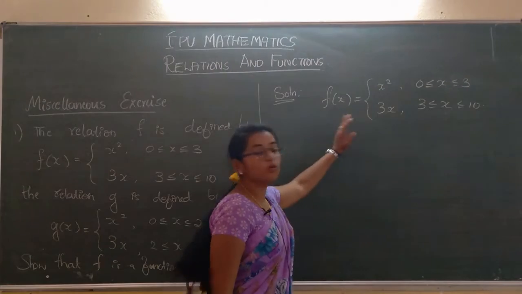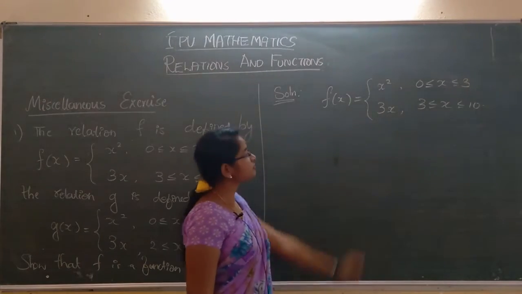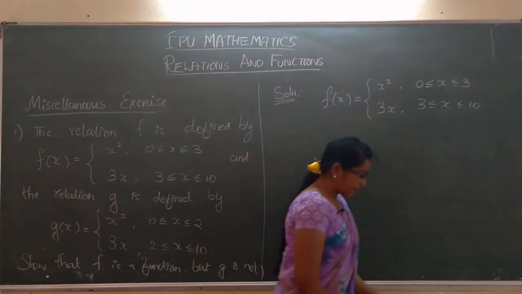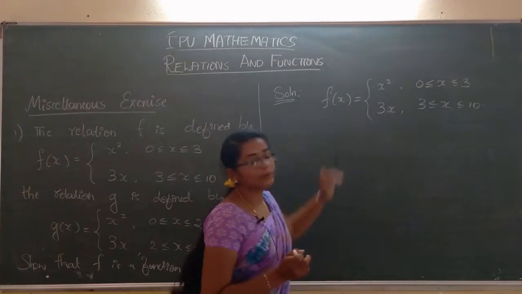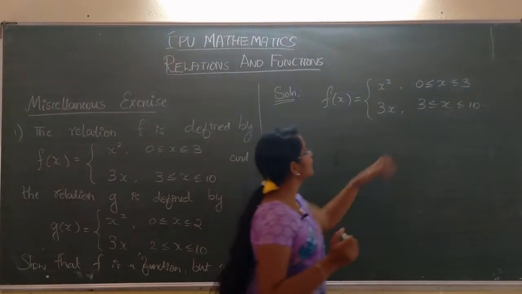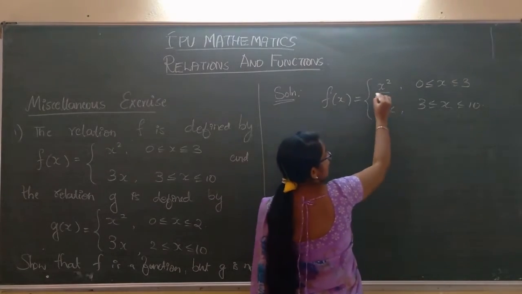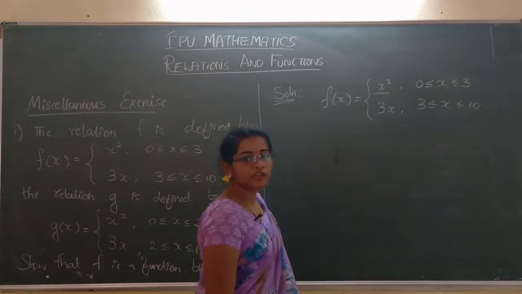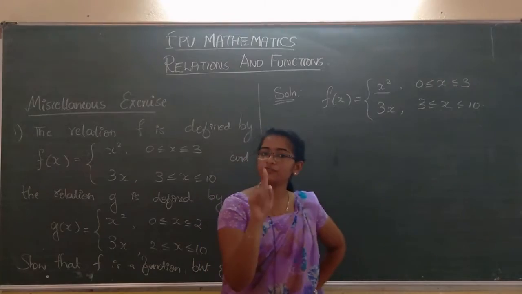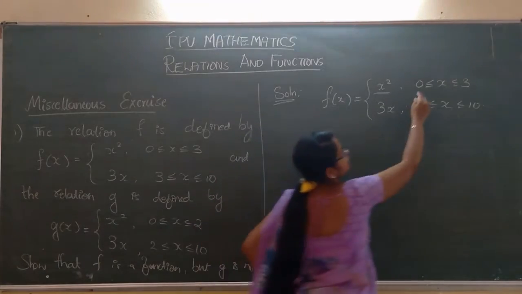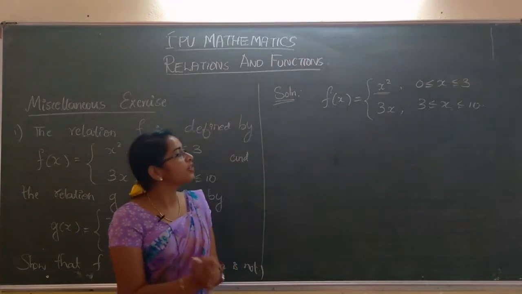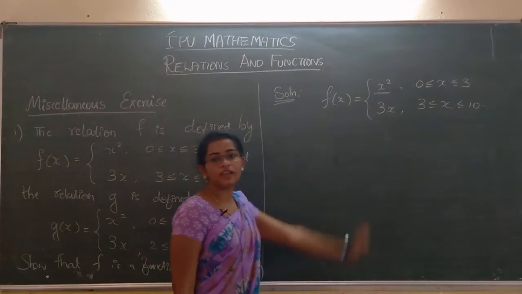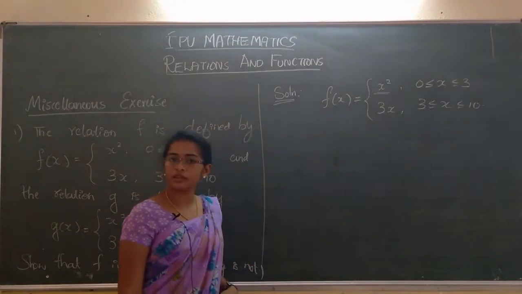These are the two values for f. Now see whether we get one and only one image for every element of the domain. x square is well defined, right? So for every x with 0 less than or equal to x less than or equal to 3, we get one and only one image.